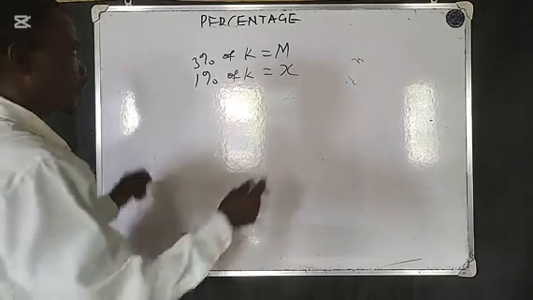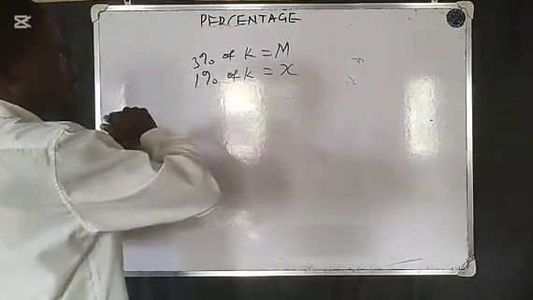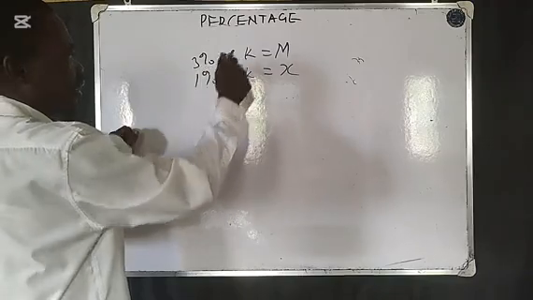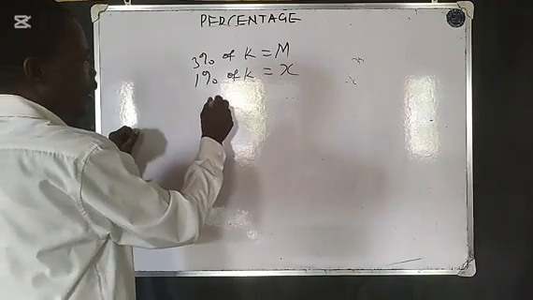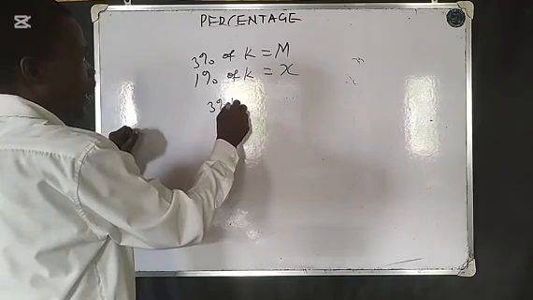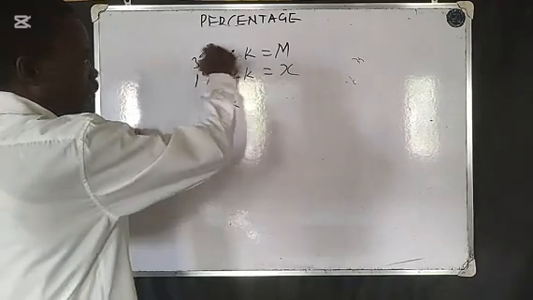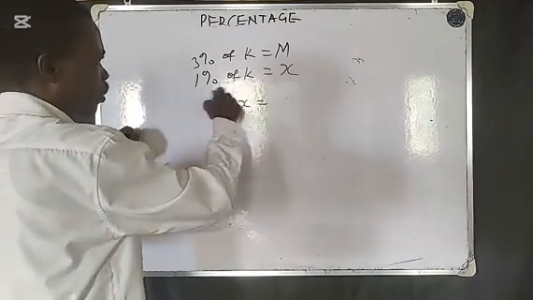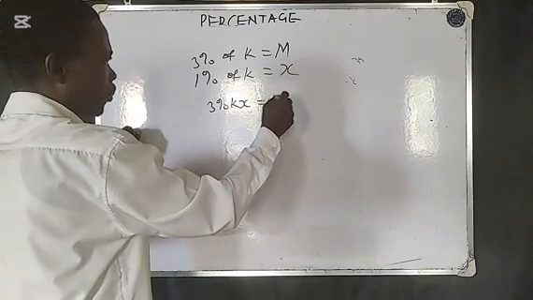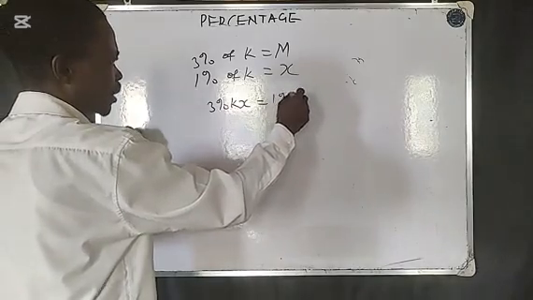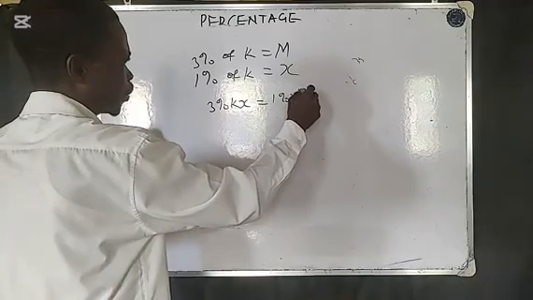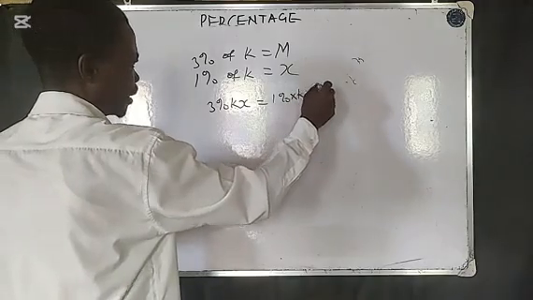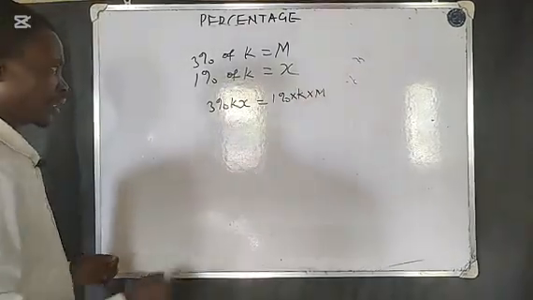Let's say 3% times K gives you 3% K. Then, crossing multiply, we write X equals 1% times K times M.